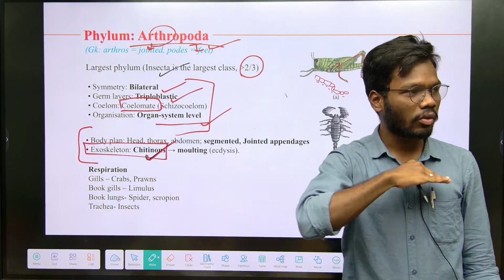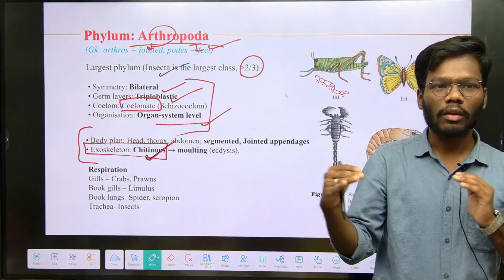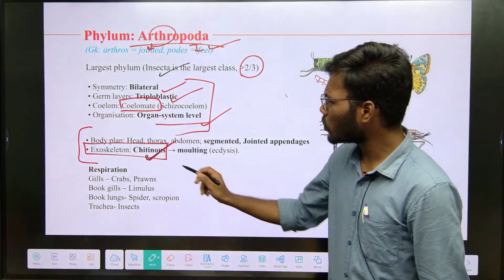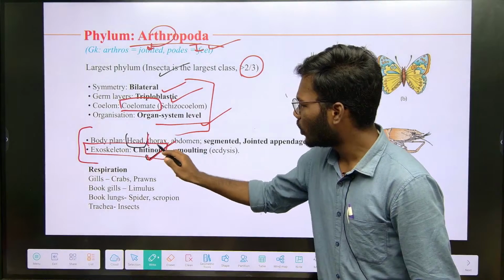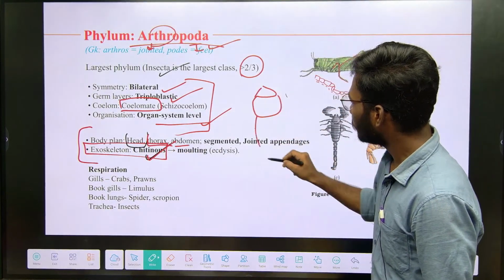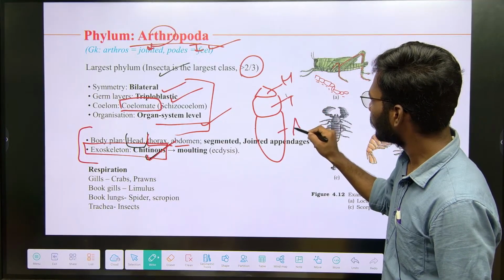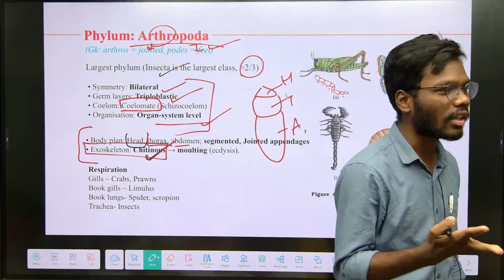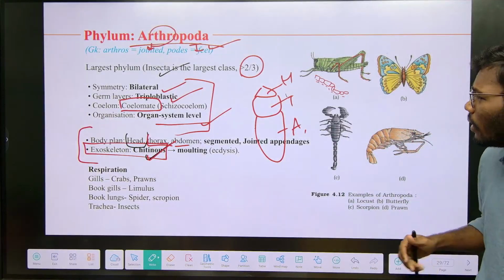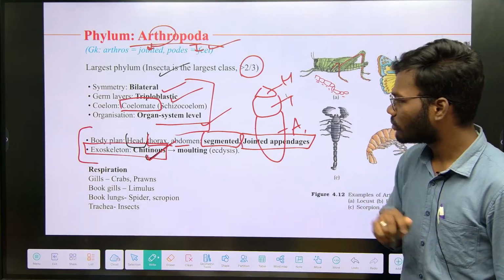You see the cockroach, the top is made up of chitin. Also, the body is divided into head, thorax and abdomen. For example, this is the head, thorax, and this is the abdomen. Simply, the body is divided into 3 segments: head, thorax and abdomen. And it is segmented. Jointed appendages are very important.